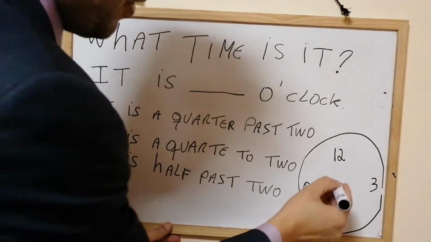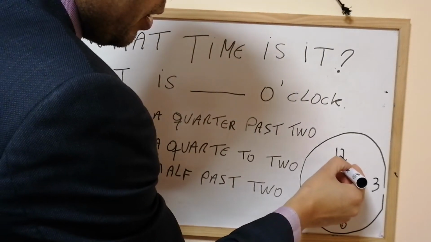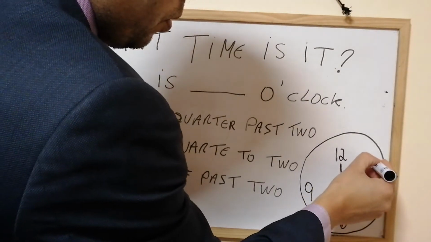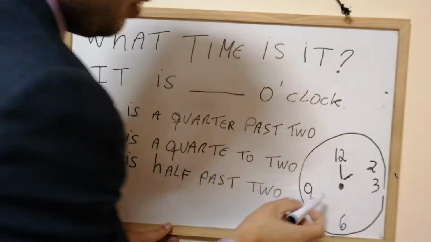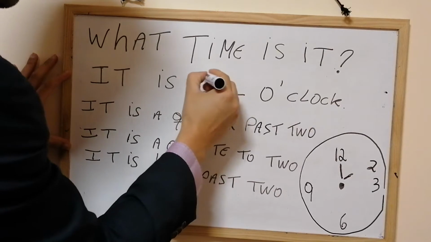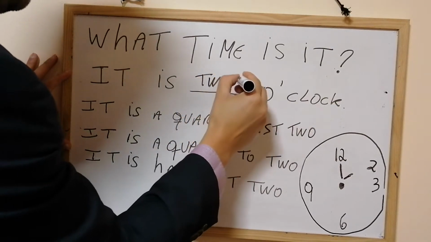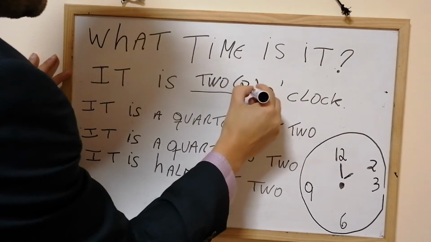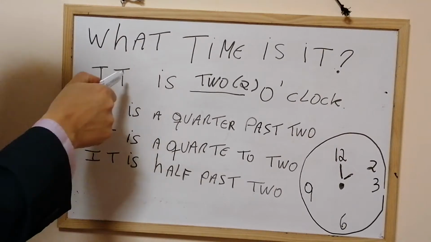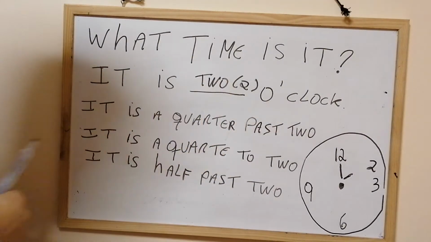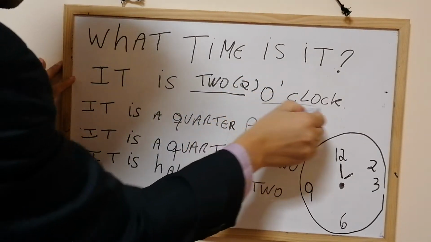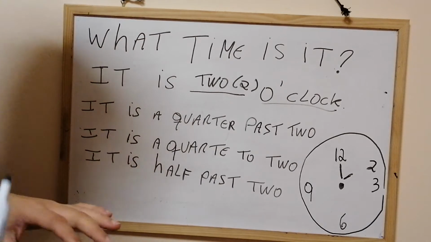If I have the clock here, let's say that I have the big hand here and the small hand here at 2. Let's do number 2 here, and then you will understand. So what time is it? It is 2 o'clock. We use o'clock when we have an exact time.